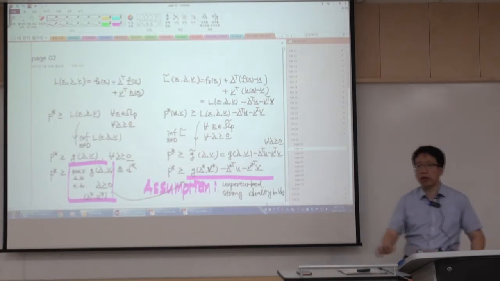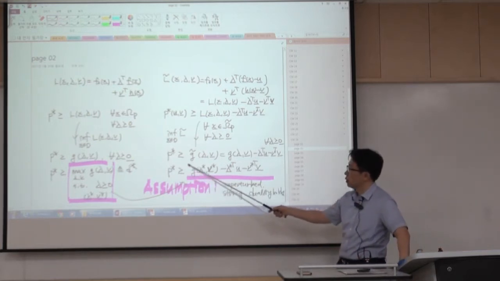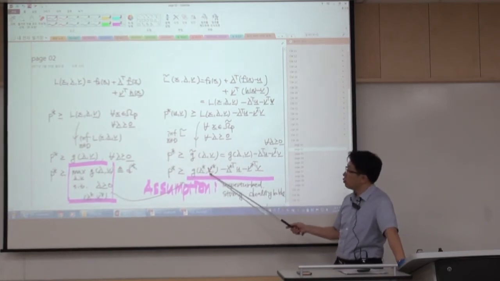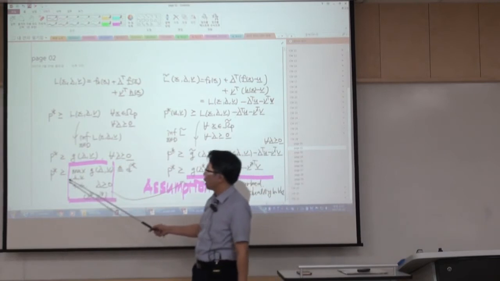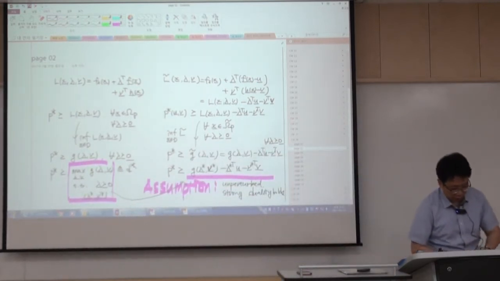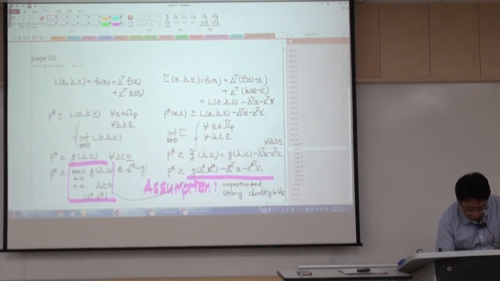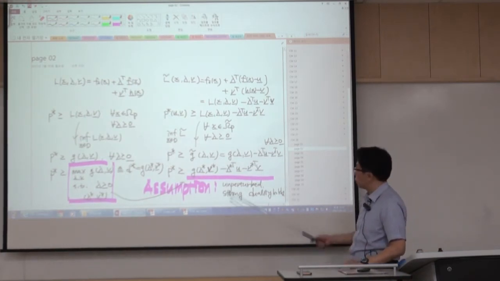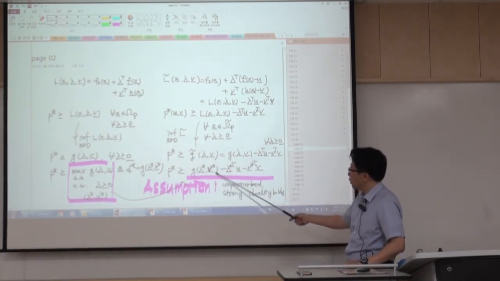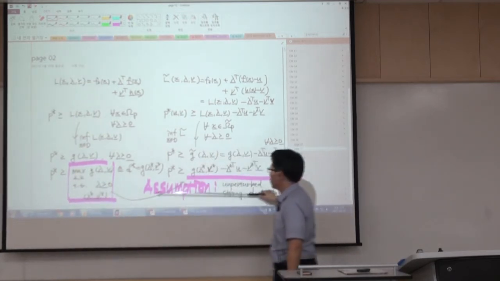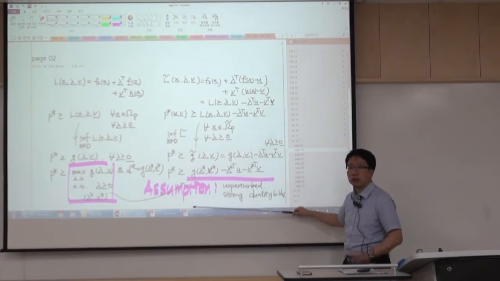If you assume that, what is this first term? Strong duality holds means that P star equals D star. What is D star, by the way? D star is G of lambda star, nu star. Got it? So this one is nothing but P star under strong duality. Okay, got it?